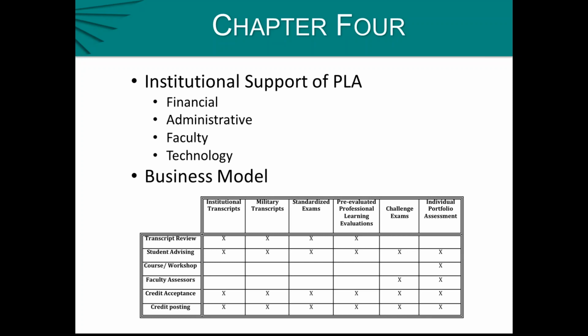On the financial side, there are different business models that need to be in place depending on the types of PLA credit that you are accepting. Some things are already part of the institution, but this table, which is also in the handbook, lays out the different types of PLA that you might be accepting and the types of actions that go along with them.